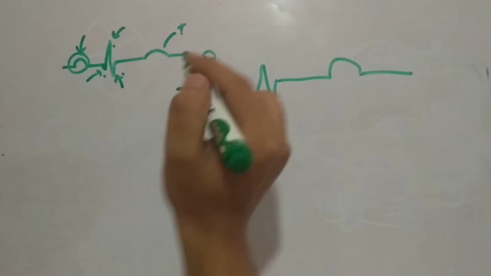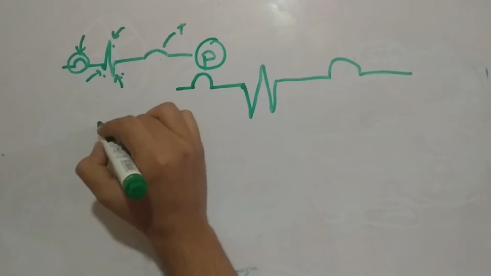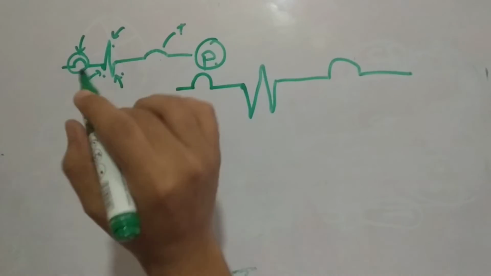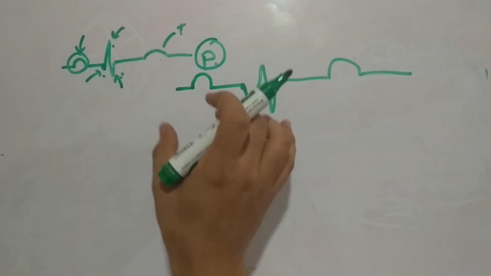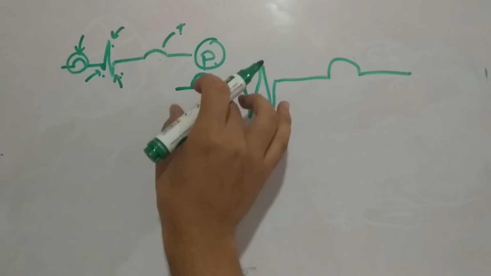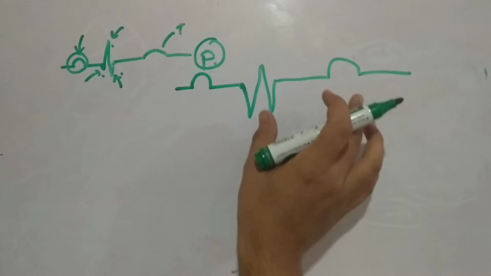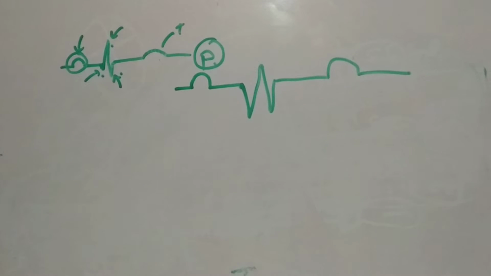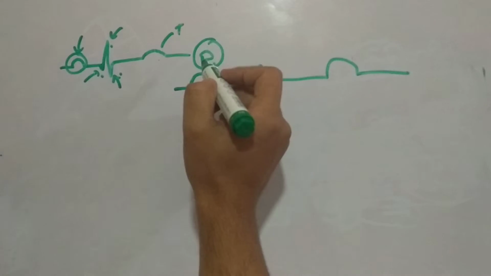Always keep in mind, P wave signifies the atrial contraction. No, sorry. P wave signifies the electrical activity in the atrium. First of all, there will be electrical activity in the atrium, then only comes the atrial contraction. So the basic fonda is that before any contraction, you first need to find the electrical changes. So before atrial contraction, you find the P wave.